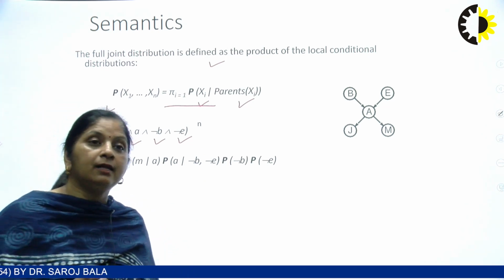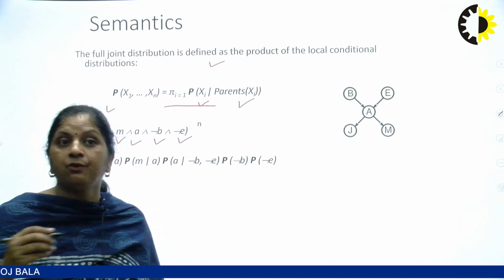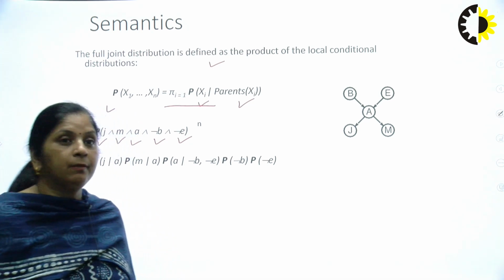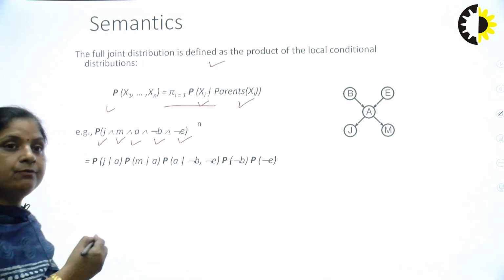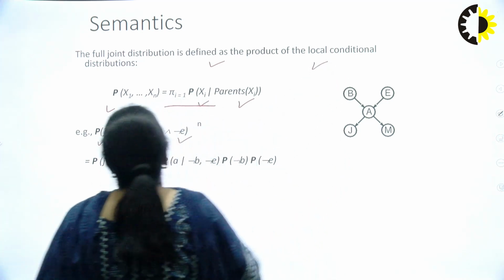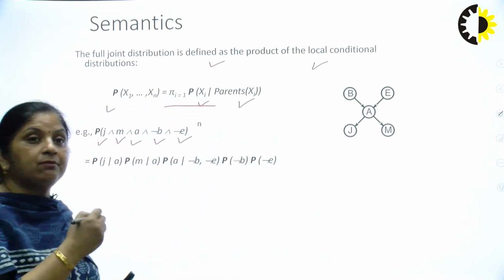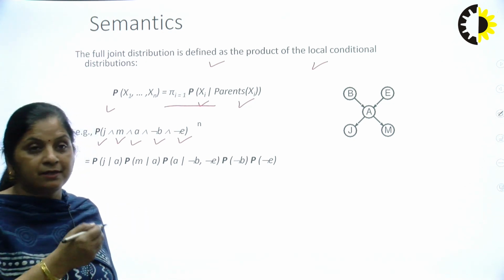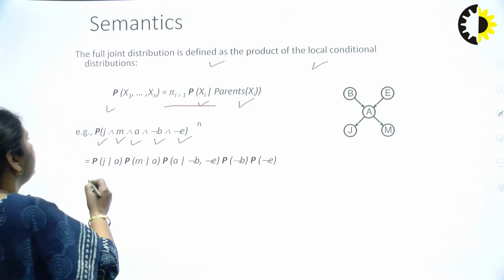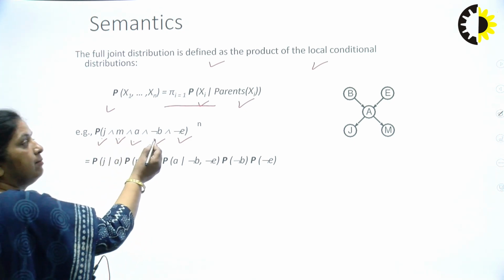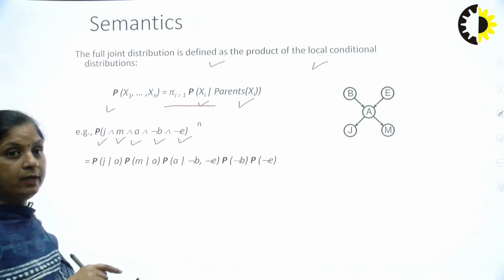If we write the chain rule for this, it will be very lengthy. But here we will do it with the help of local conditional distributions. So how will this probability be calculated? It will be calculated given the predecessors. What we want is John calls, Mary calls, when alarm is there, burglary is not there, and earthquake is not there.